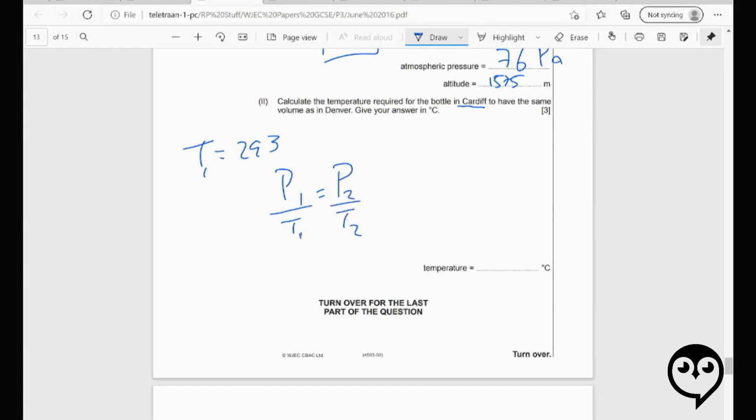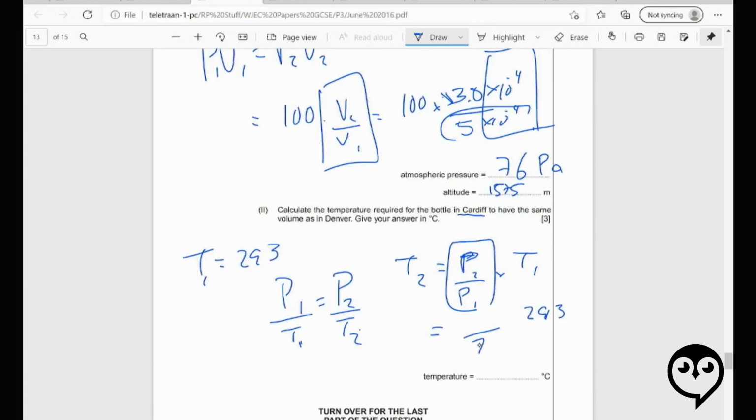Right, so there's our equation, and we want to know what the temperature in Cardiff would need to be. I'm going to rearrange, so T2, and again, rearrange, okay, and we got a ratio of pressures here. This was 293 to begin with, okay, so 76 was Denver, 100 is the pressure now, okay.